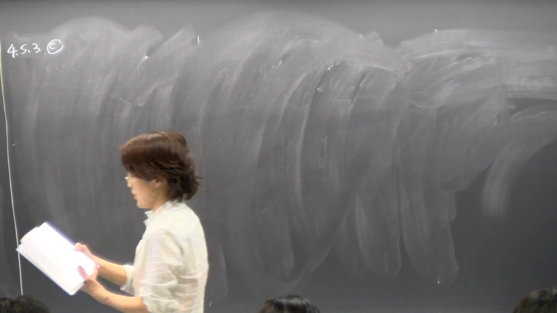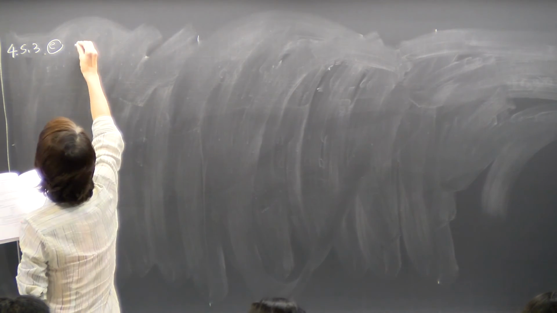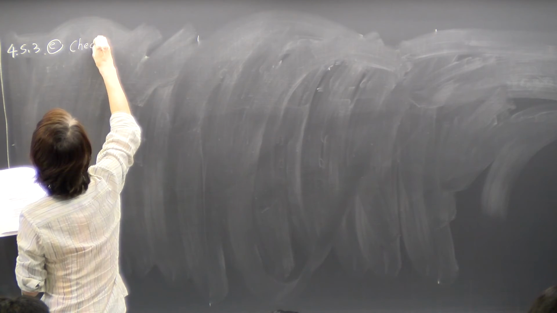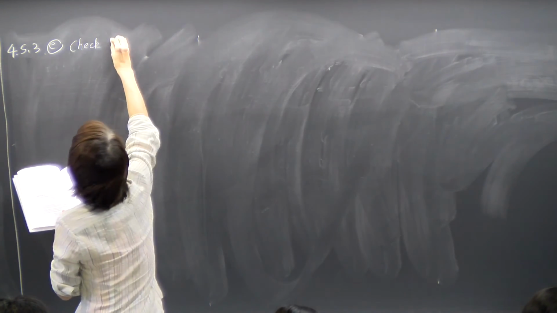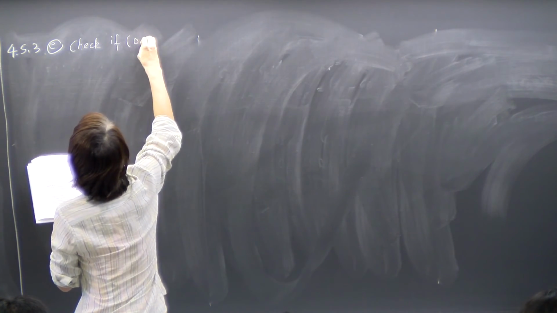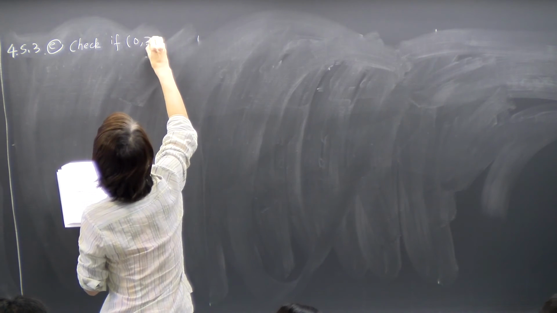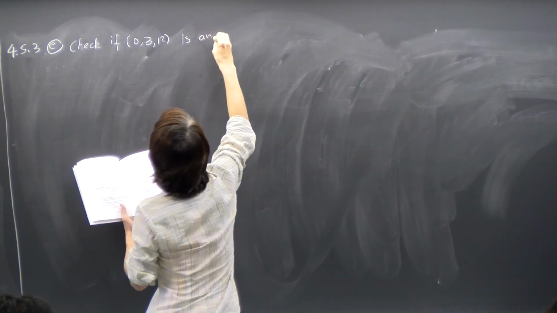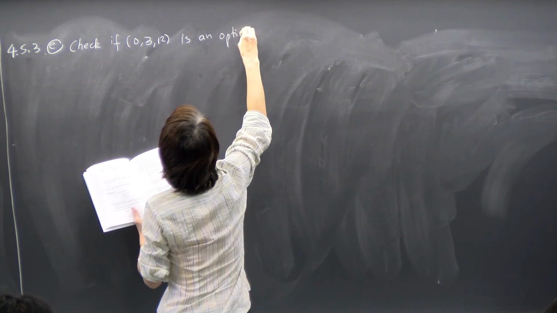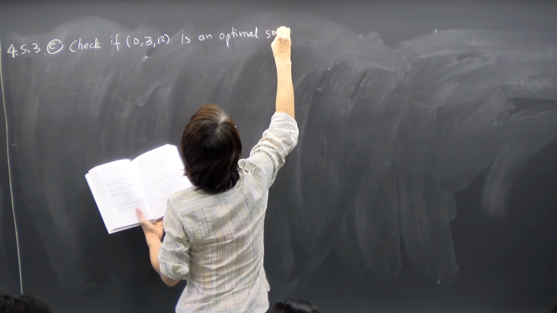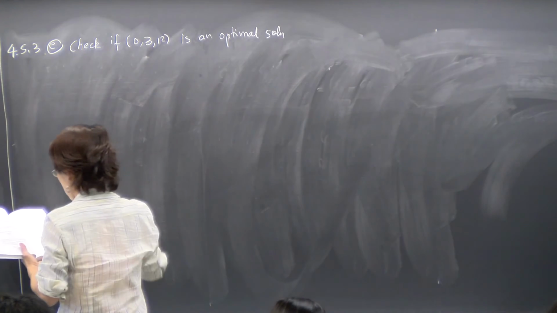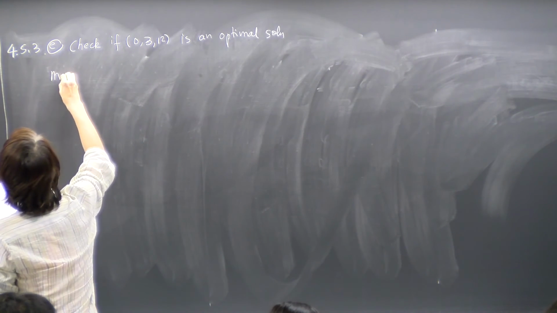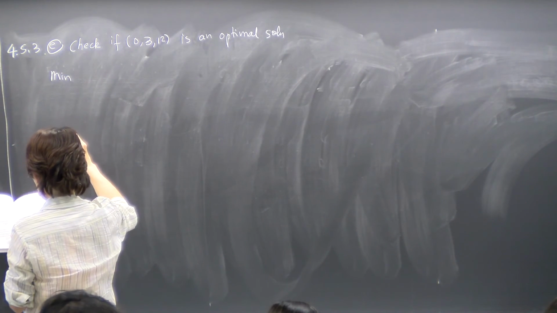Okay, so it asks you to prove or disprove. Basically you want to check if the point 0, 3, 12 is an optimal solution for the following.